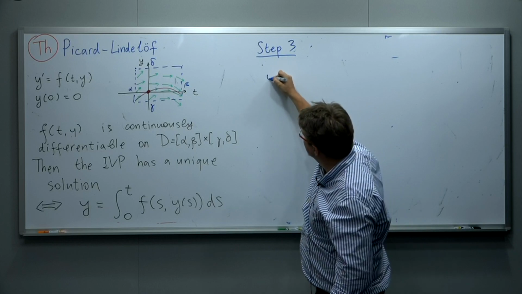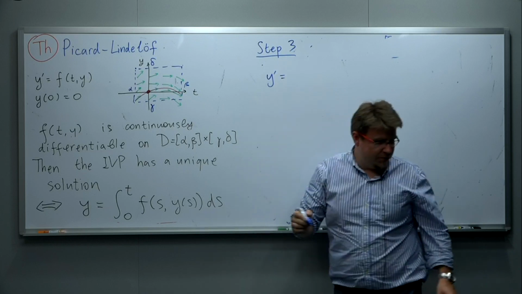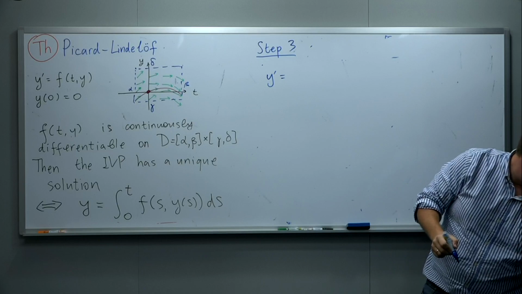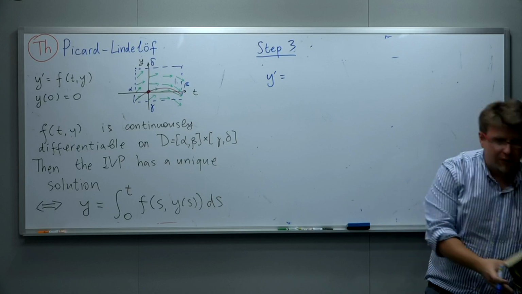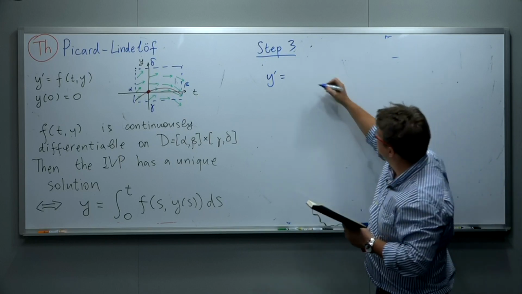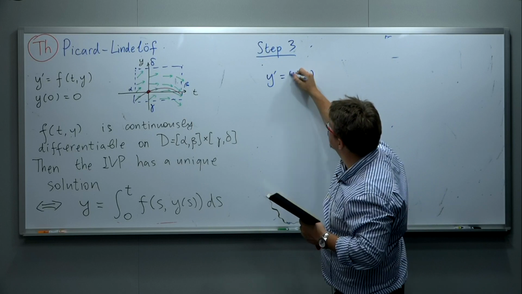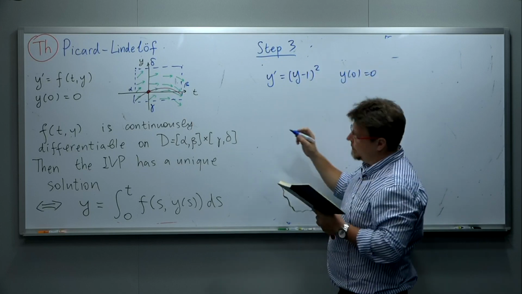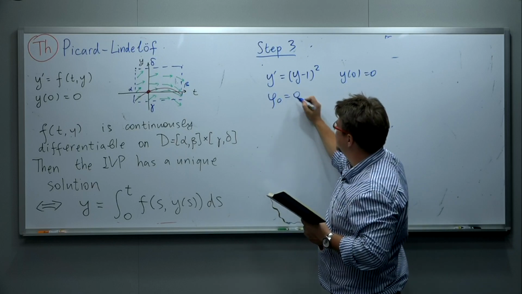Let's say y prime is equal to, I've prepared it here because it's a bit complicated, y minus 1 squared. So y of 0 is 0. Now, phi 0 is still 0.